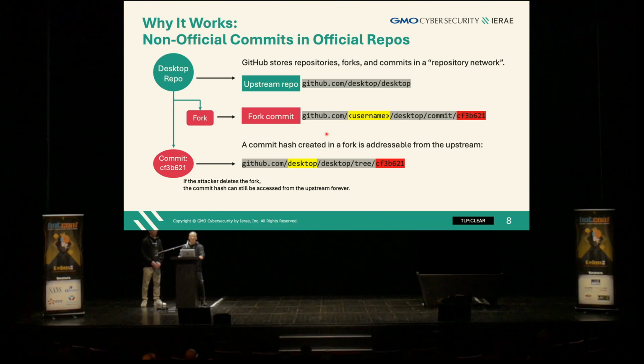For example, if you fork GitHub Desktop, the official repository, and create a commit, the commit can also be reached at the GitHub Desktop tree, the official namespace. And once the commit exists, it never goes away. It means even if the attackers delete the fork, the commit is still there forever under the official GitHub Desktop repository.